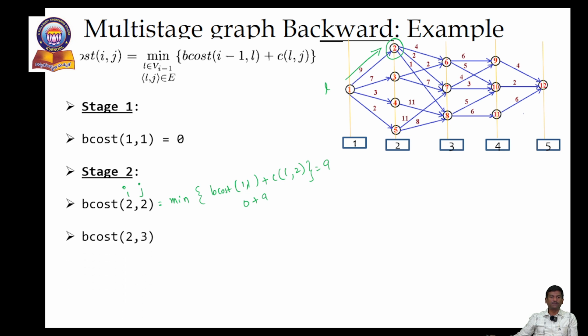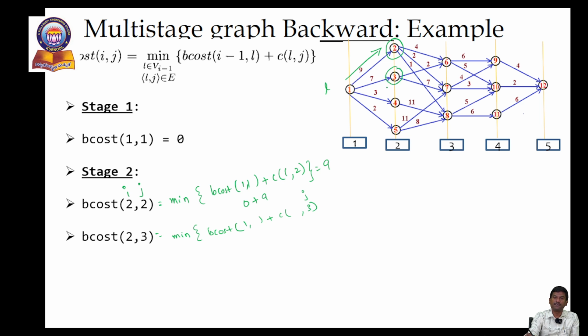In a similar fashion, you should find bcost of 2 comma 3. How can we obtain it? That is the minimum of bcost of i minus 1, that is 2 minus 1, which is 1, comma l. We shall find out this value of l. What is the value of j in this case? That is 3. Consider the j value, that is vertex 3.